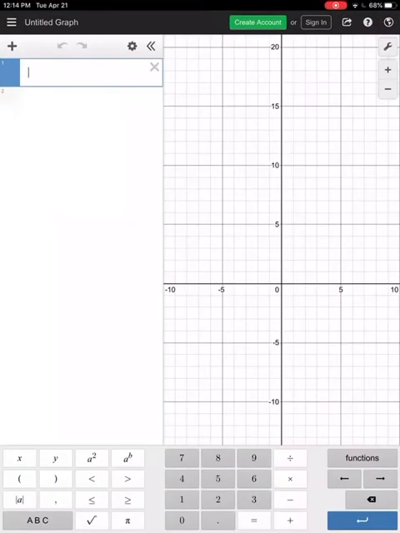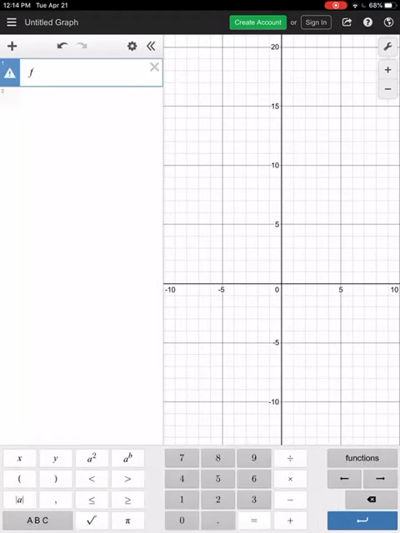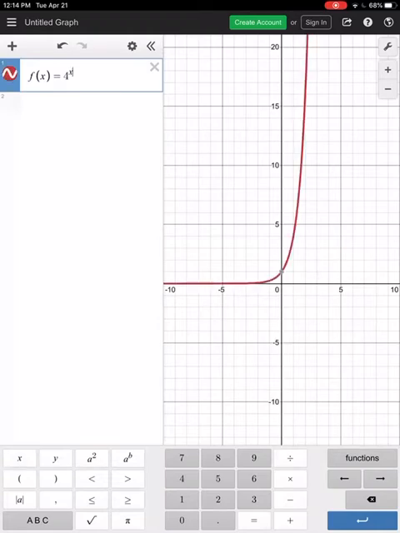The first one I have is f of x equals 4 to the x power. So that's the graph of the function. The first one we did was f of negative 2.